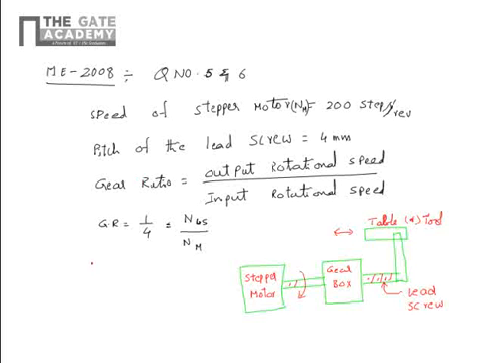What he is asking is: the stepper motor executes one step per pulse of a pulse generator. There is another thing connected to the stepper motor, this is the pulse generator.